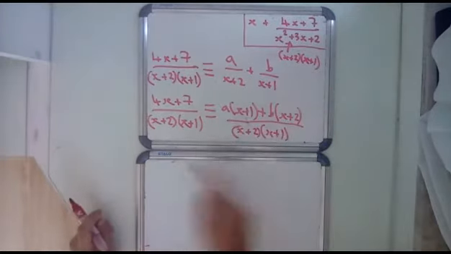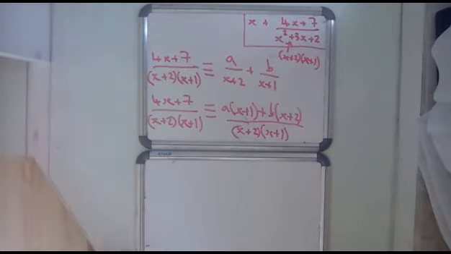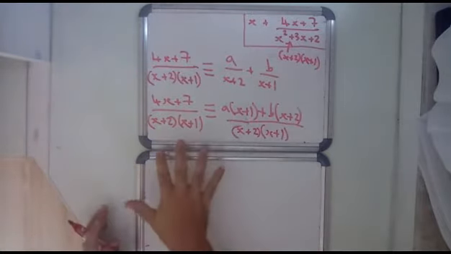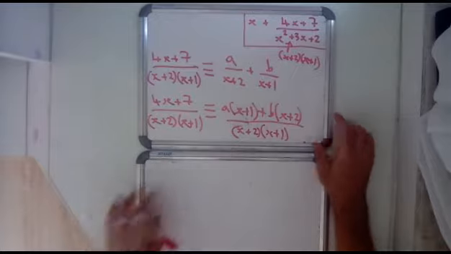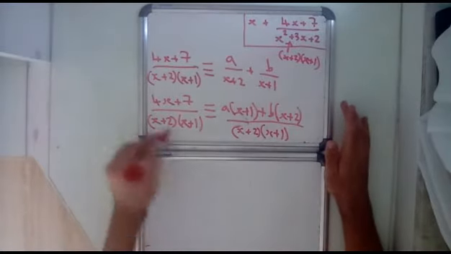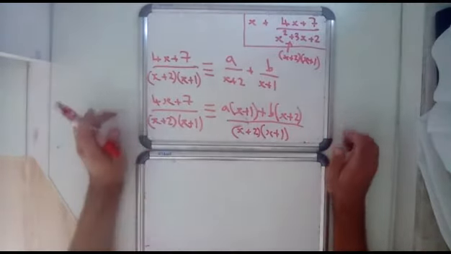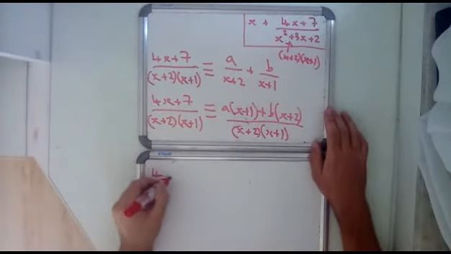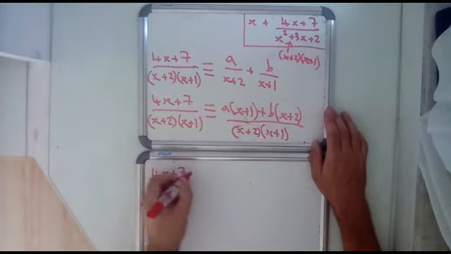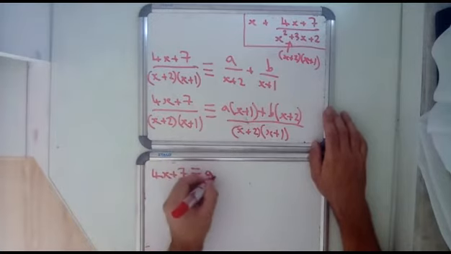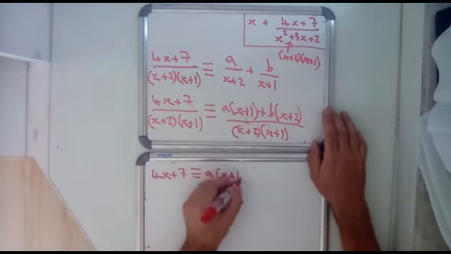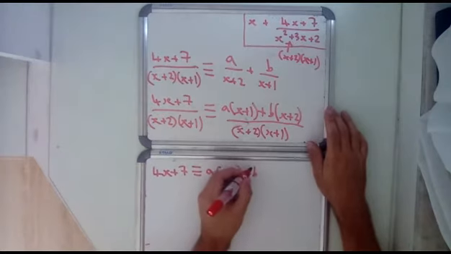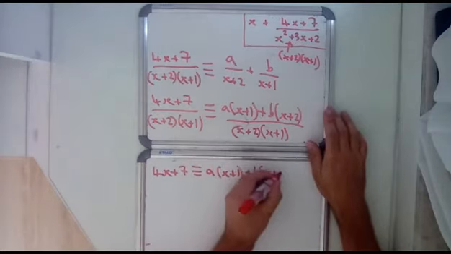So your next step, multiply through by the denominator. I know some people do that earlier, but I think in terms of explaining it, it probably looks a lot better at this stage. So we're going to multiply both sides through by (x + 2)(x + 1), which is going to leave us with 4x + 7 is identical to A(x + 1) + B(x + 2).